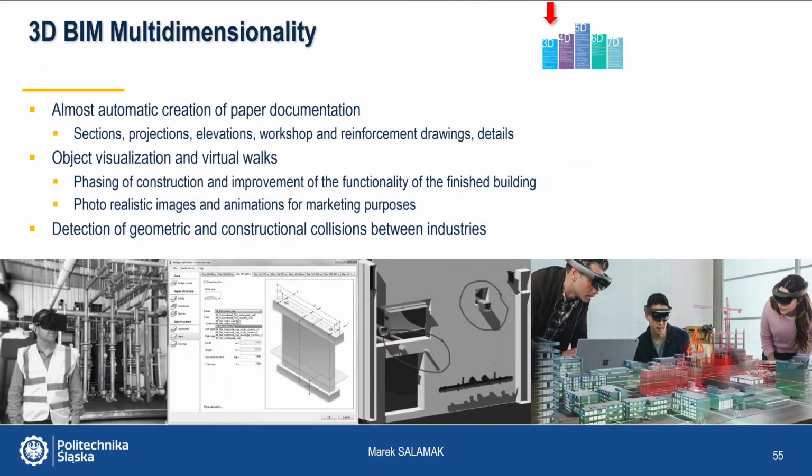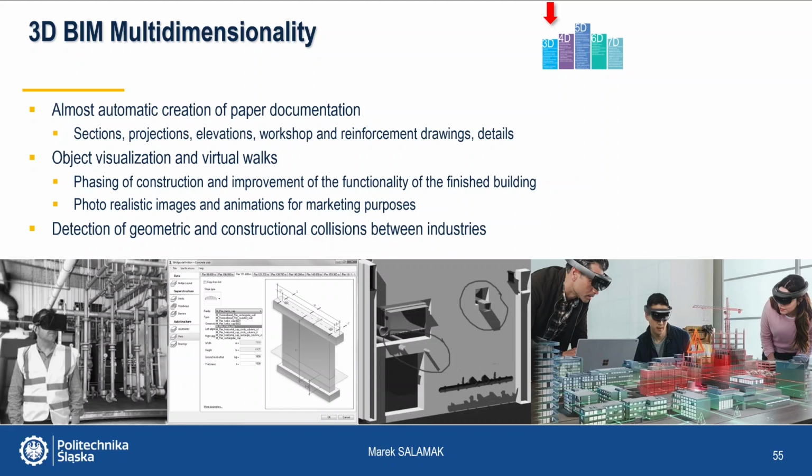We start with 3D. The three-dimensional model allows us to almost automatically create paper documentation in the form of sections, projections, and elevations. We can also create workshop and reinforcement drawings and details. It is actually possible to visualize the object in real time, and we can take virtual walks on it.